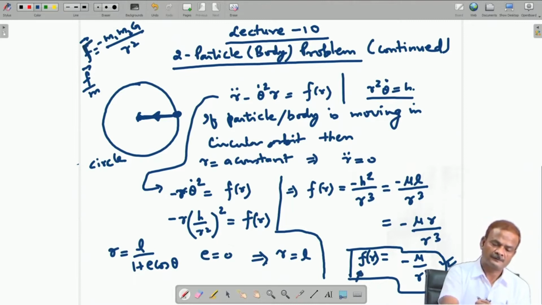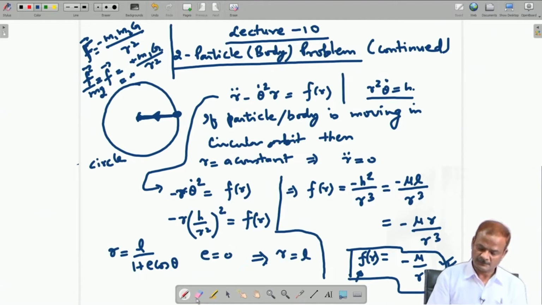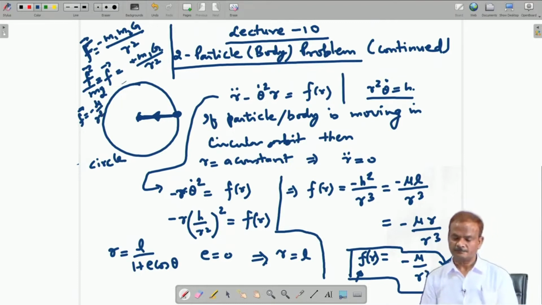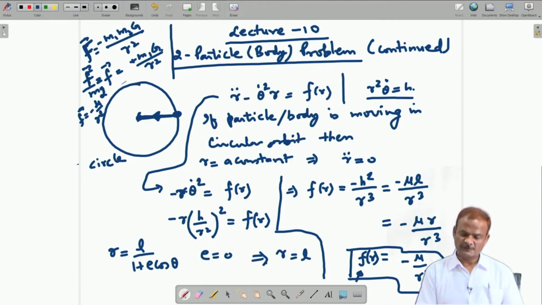So F by m equal to f; dividing by m 1, or let us divide by m 2, this is minus m 1 g divided by r square, which is nothing but minus mu by r square. Therefore f equal to minus mu by r square.